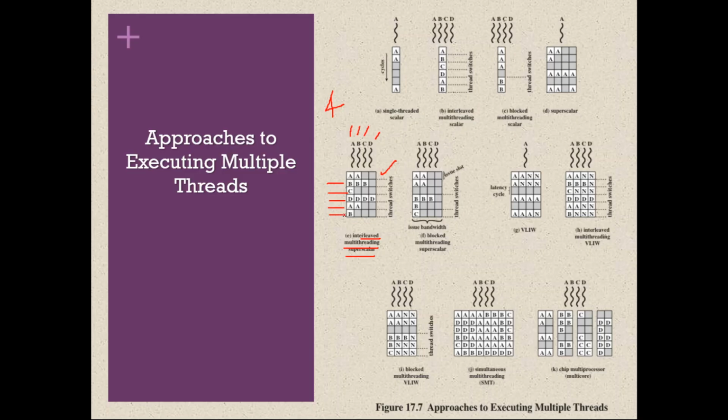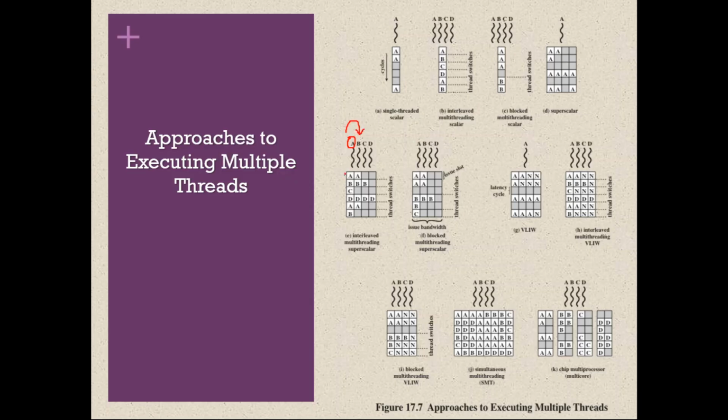During clock cycle 1, the processor tries to pick 4 independent instructions from thread A. It found only 2, so it picked those 2 and is executing. During clock cycle 2, the processor context switches to thread B. So in each clock cycle, the processor executes only one thread. Thread A is for the first clock cycle, and once it is over, it switches to thread B.